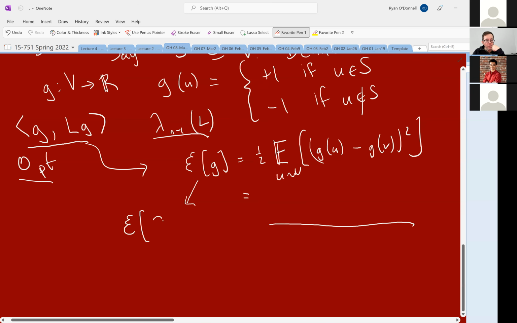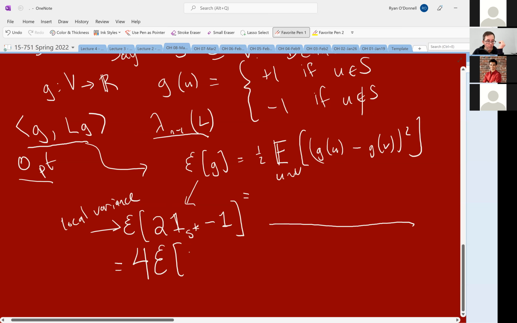So this is indeed, as you said, 2 times the indicator of S star minus 1. The minus 1 is like a constant. Remember we had a local variance name for this, so we do have some properties. What is this equal to? It's 4 times the quadratic form of the indicator of S.